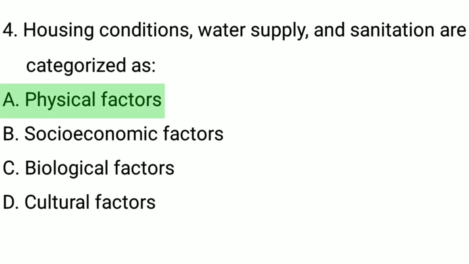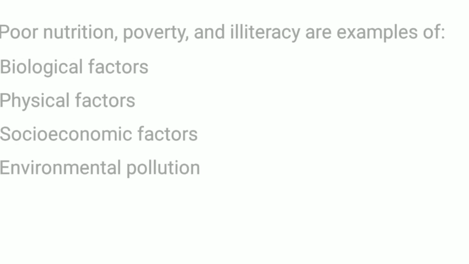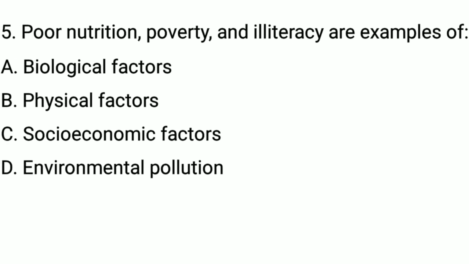The right option is option A, physical factors. Question number 5. Poor nutrition, poverty and illiteracy are examples of. The right option is option C, socio-economic factors.